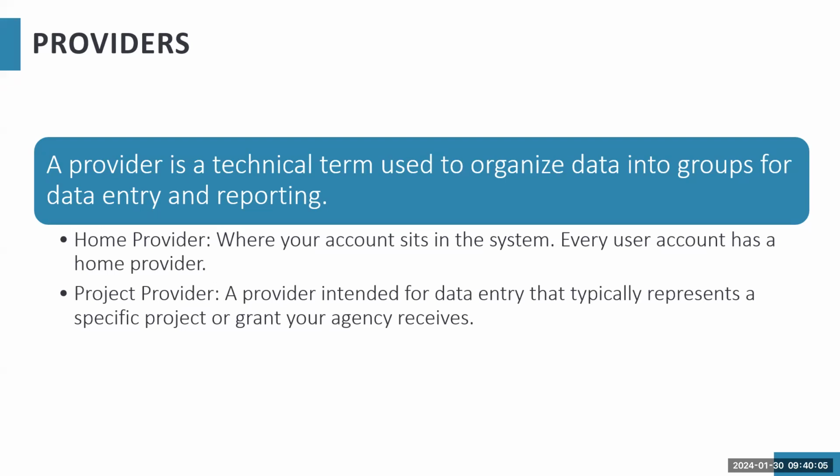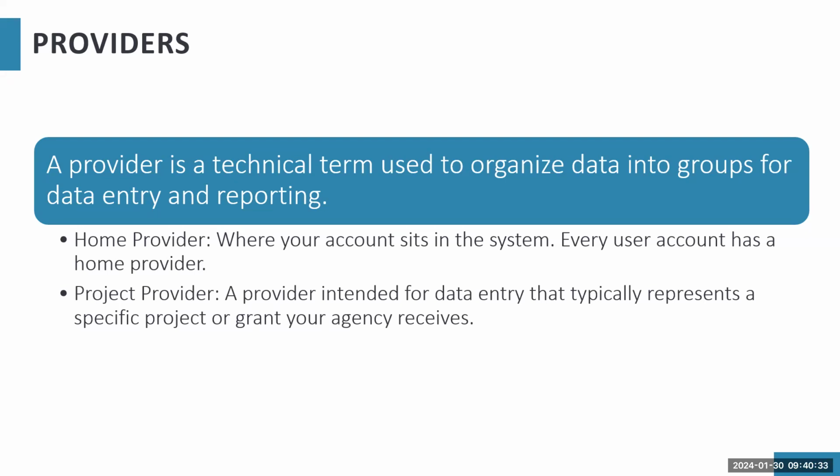The second type of provider in the system is called a project provider. A project provider is intended for data entry purposes, and it typically represents a specific project type or grant that your agency receives in order to provide those services to people experiencing homelessness or at risk of homelessness. Everyone will have a home provider. Your home provider could be a project provider as well.